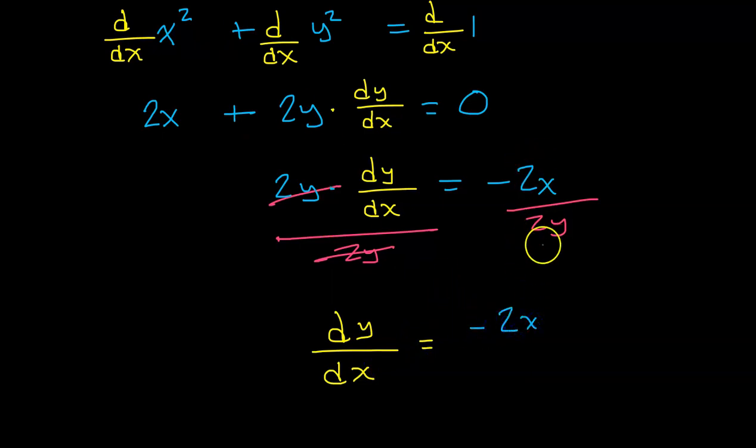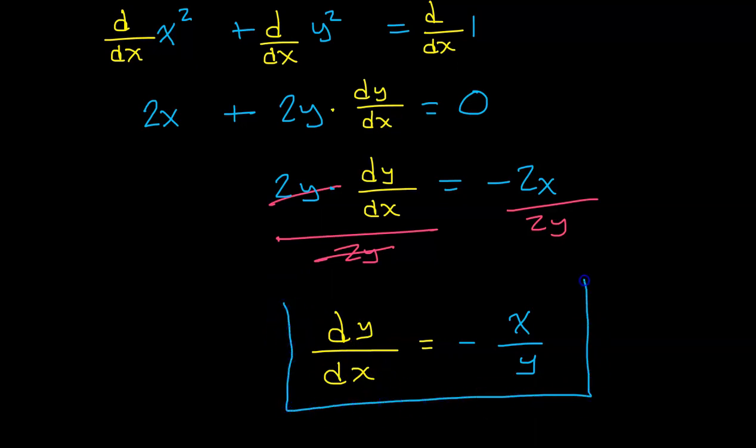Well, you know what? These 2's are going to cancel each other out, so might as well simplify that right now. And that's just going to give us negative x over y. And this is the final answer. dy dx is the derivative of y with respect to x.